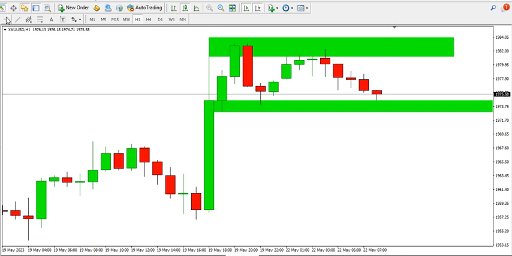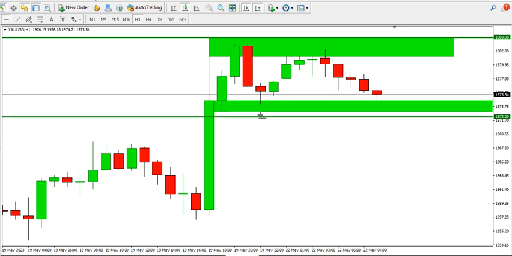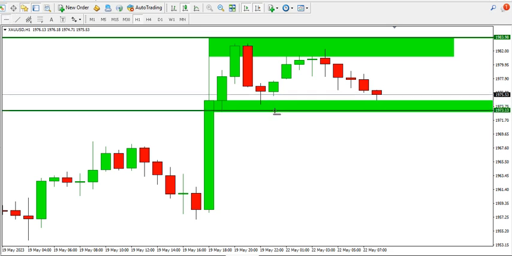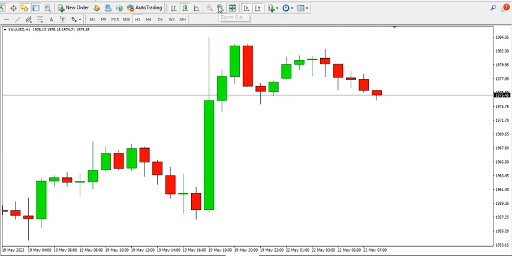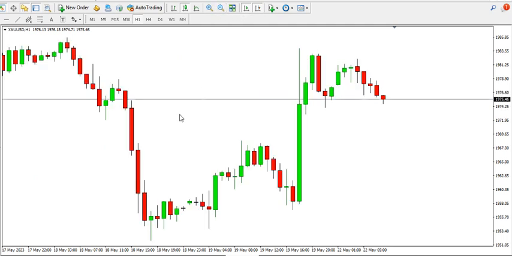Our top is the 1983.98 level, while the bottom is the 1973.07 level. So we might want to wait for the range breakout before we take a decision. But for now, the price of gold is ranging on the 1-hour time frame.